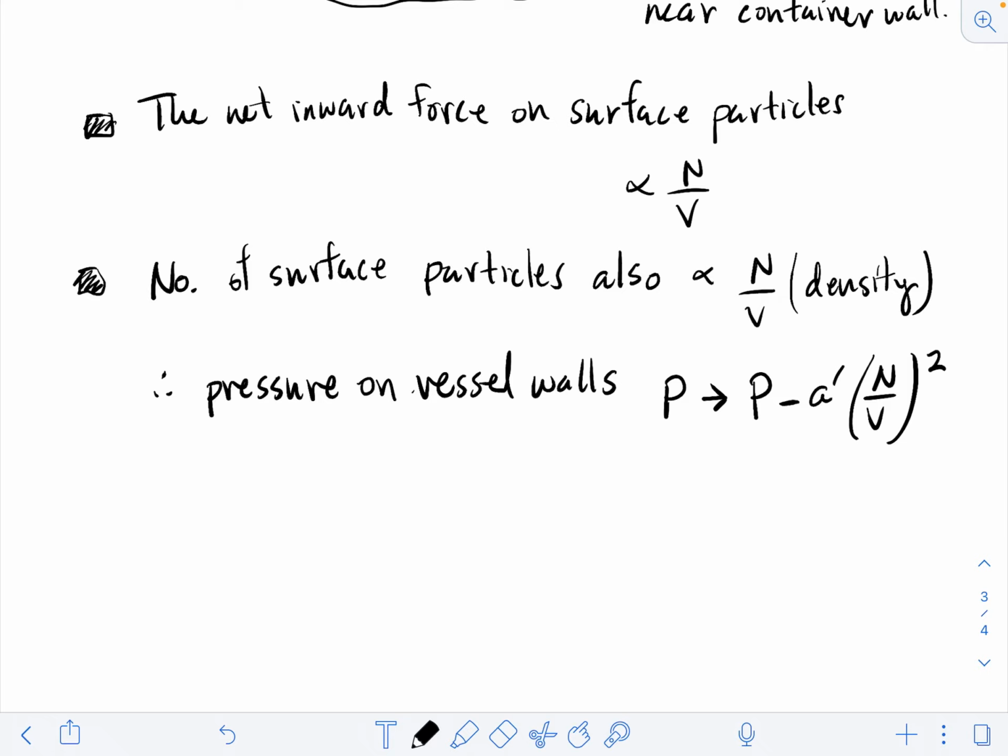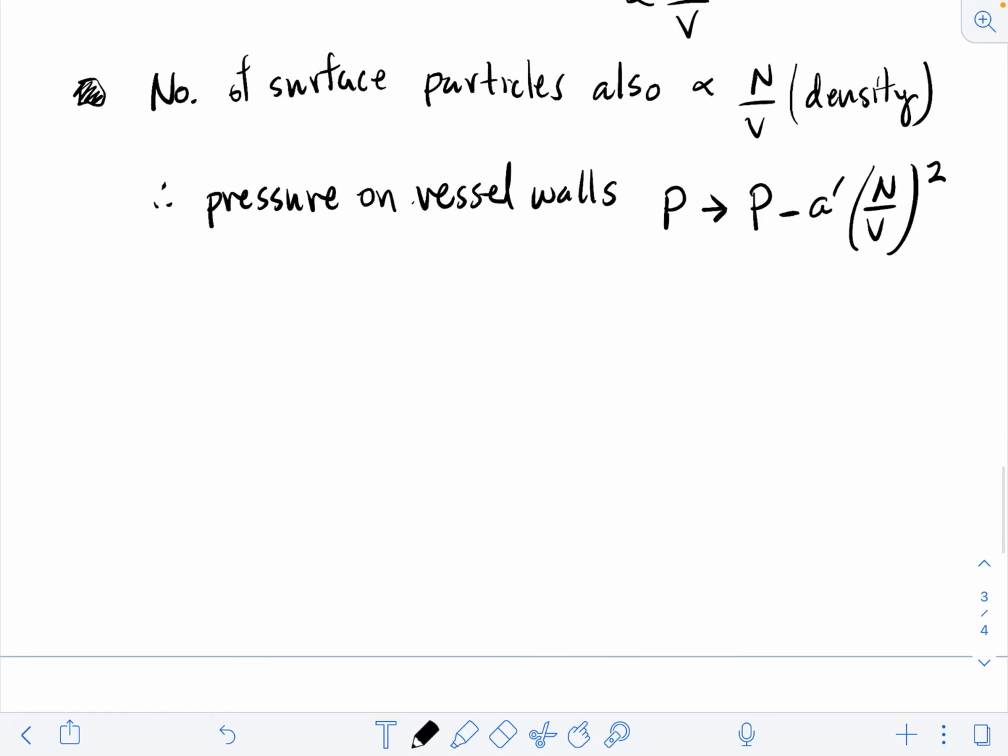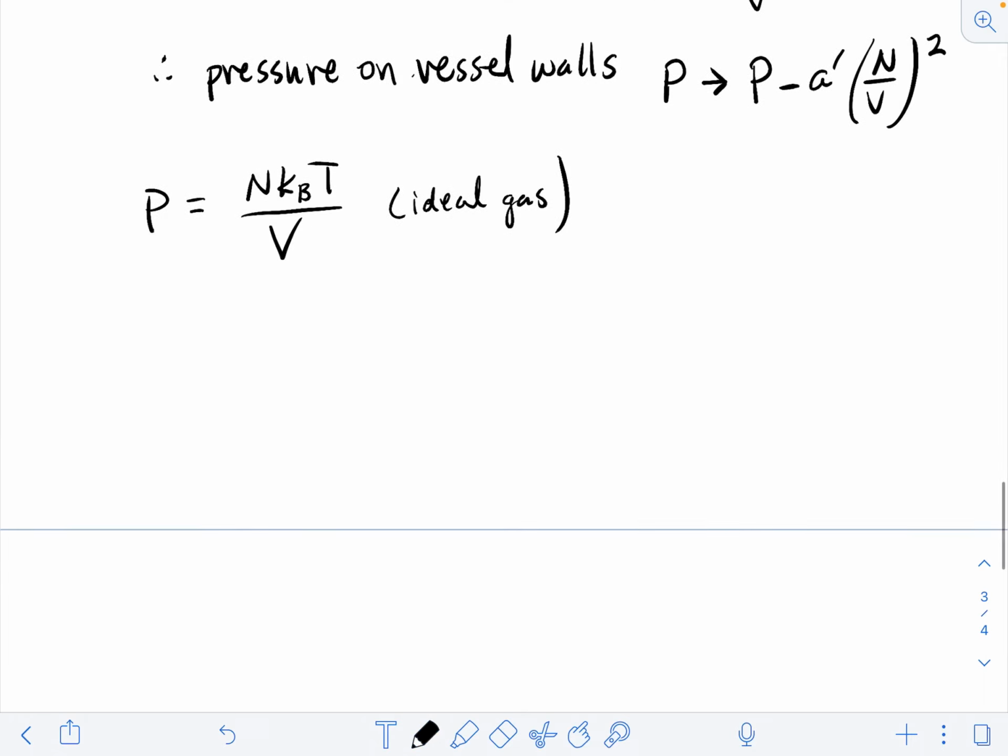Okay, so these are the two ideas that are going to go into our van der Waals equation of state. If we start with the ideal gas equation of state, PV is n kBT, let me divide by the V. So this is for an ideal gas. Our modifications are going to take this equation of state to the following. Let's do it this way. P is going to be n kBT.